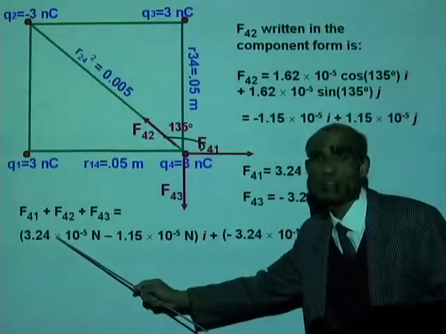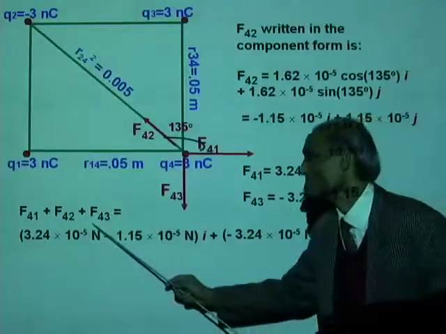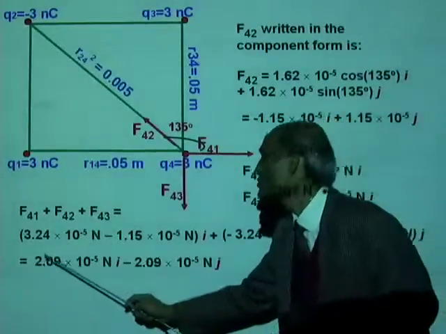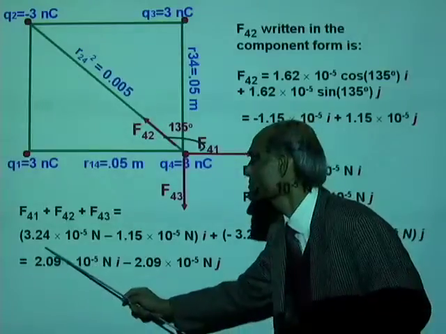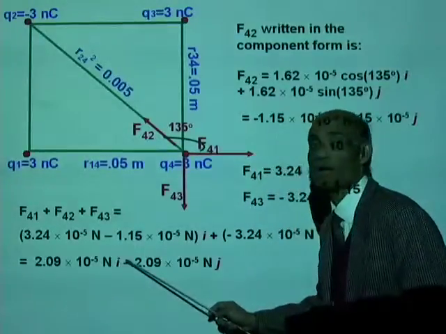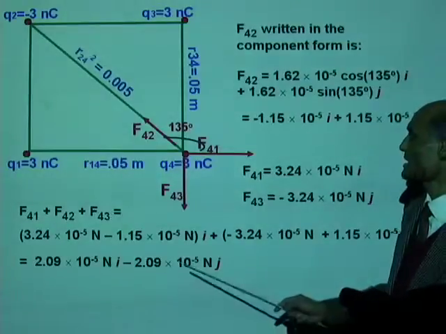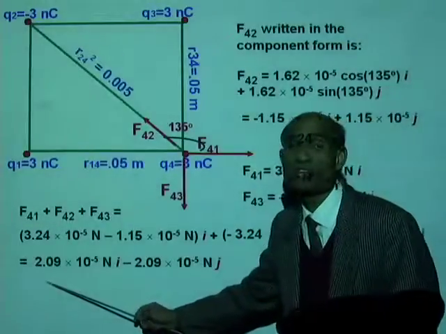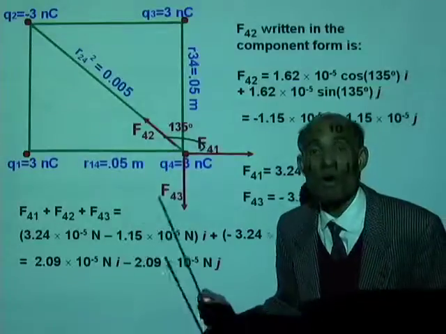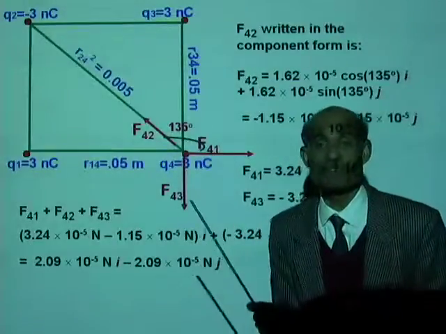Alright, can you use your calculator to work this out? That gives me 2.09 times 10 to the negative 5 i minus 2.09 times 10 to the negative 5 j. This is the component form of the total force.